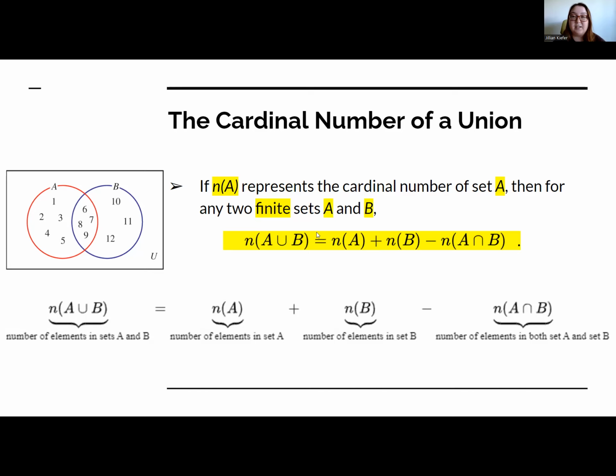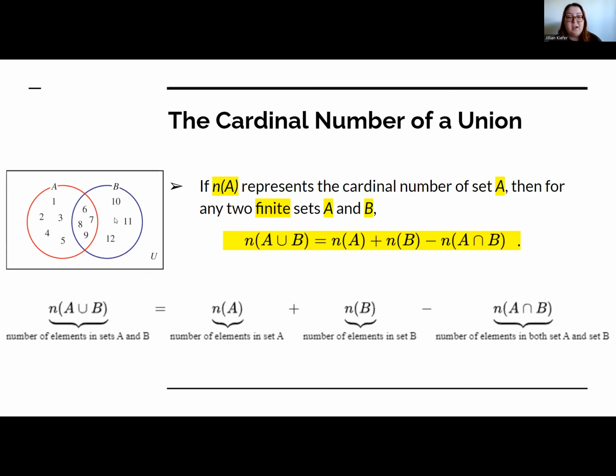How this is calculated is because if you take the number of elements in set A and the number of elements in set B, you're counting what they share twice. You're overlapping them and you would end up counting twice. So for example, in the picture that we're given here on the side, set A is the numbers 1, 2, 3, 4, 5, 6, 7, 8, 9.